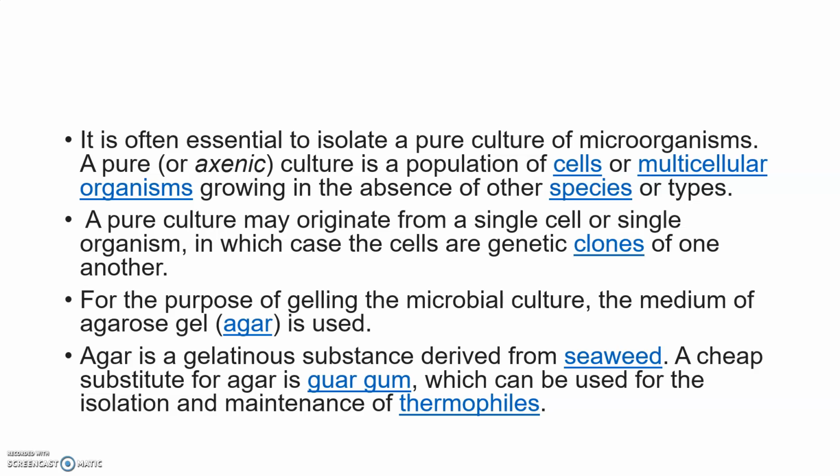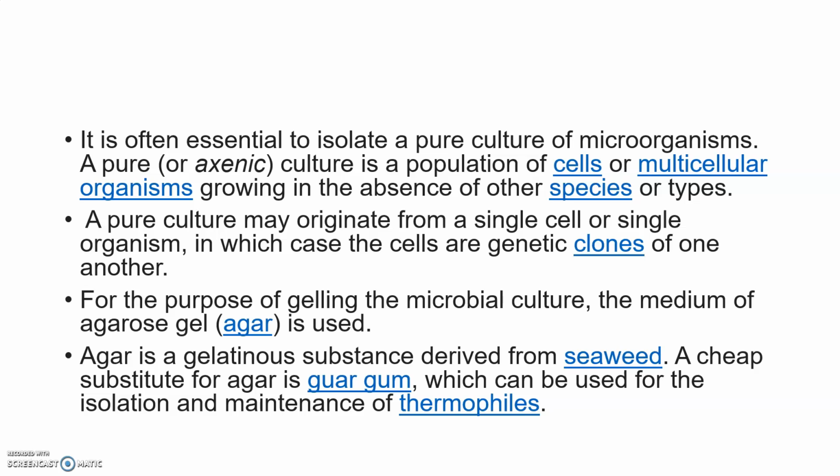It is often essential to isolate a pure culture of microorganisms. So, there is a necessity of isolating pure culture. What do you mean by pure culture? Pure or axenic culture is a population of cells or multicellular organisms growing in the absence of other species or types.